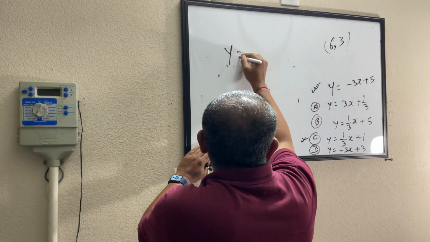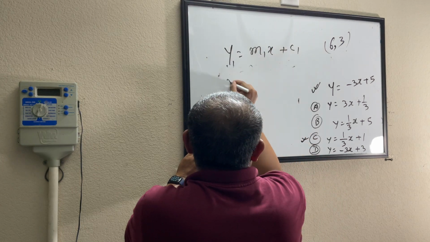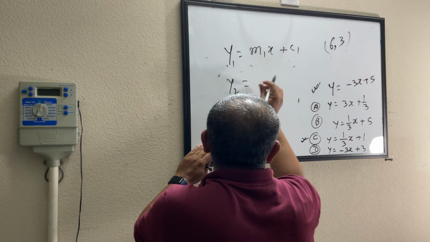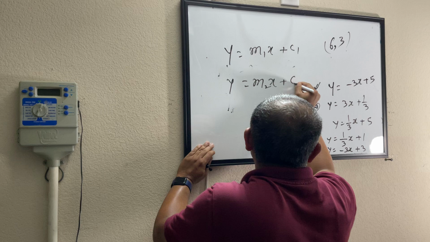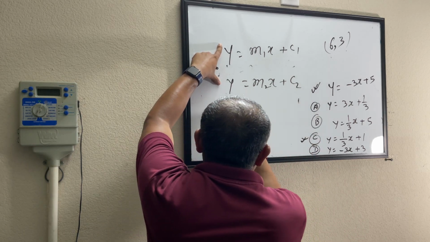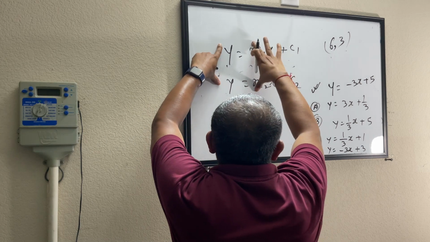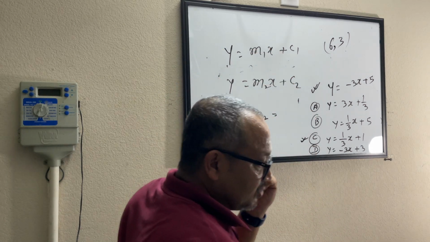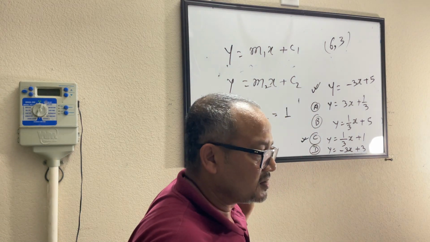So I have two equations. One is y equal to m1x plus c1 and second equation is y equal to m2x plus c2. When these two lines are perpendicular to each other, then m1 into m2 will be equal to -1.